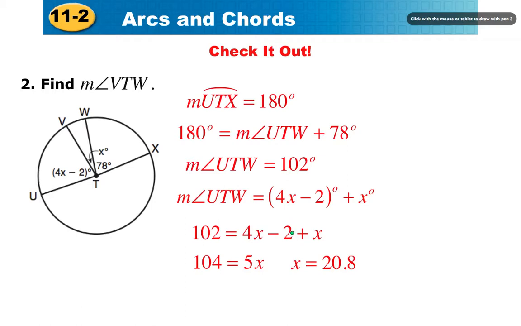I'm looking for VTW, which is the center angle, just x, so I'm done. All I need to do is say that the measurement of VTW equals 20.8 degrees. Next slide.